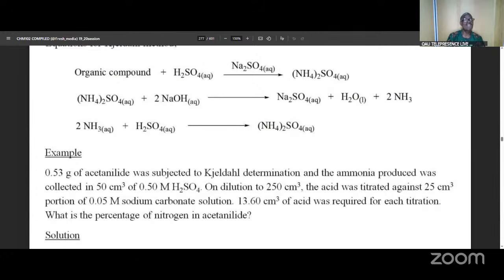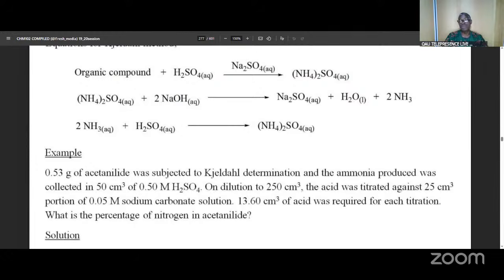So if you have an organic compound and you add H2SO4 to it, it will convert the nitrogen to ammonium sulfate solution. Now, sodium hydroxide is added to that ammonium sulfate solution, and then you obtain sodium sulfate, water, and ammonia gas.